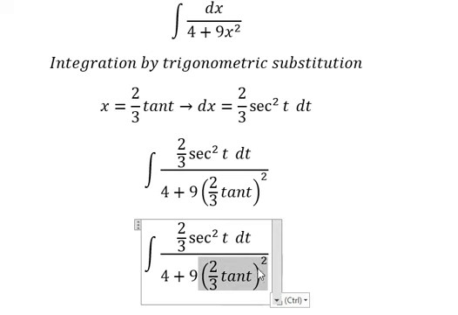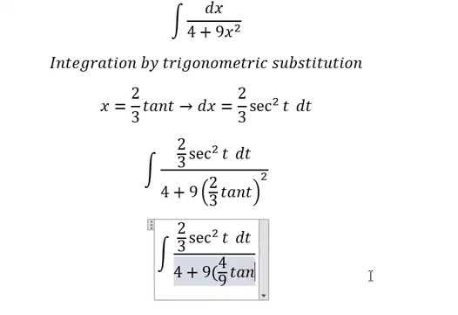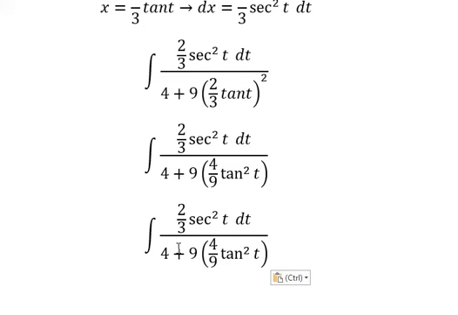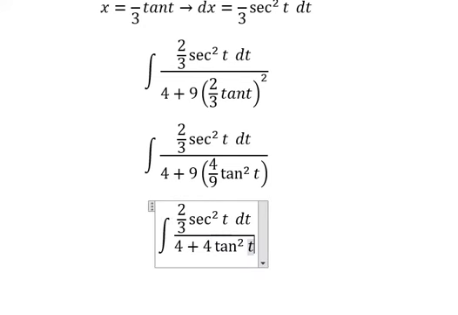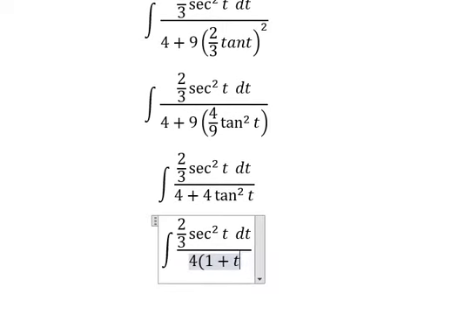So this one we have 4 over 9 tan t squared. So the 9 we cancel. So the 4 and the 4 we can factorize.